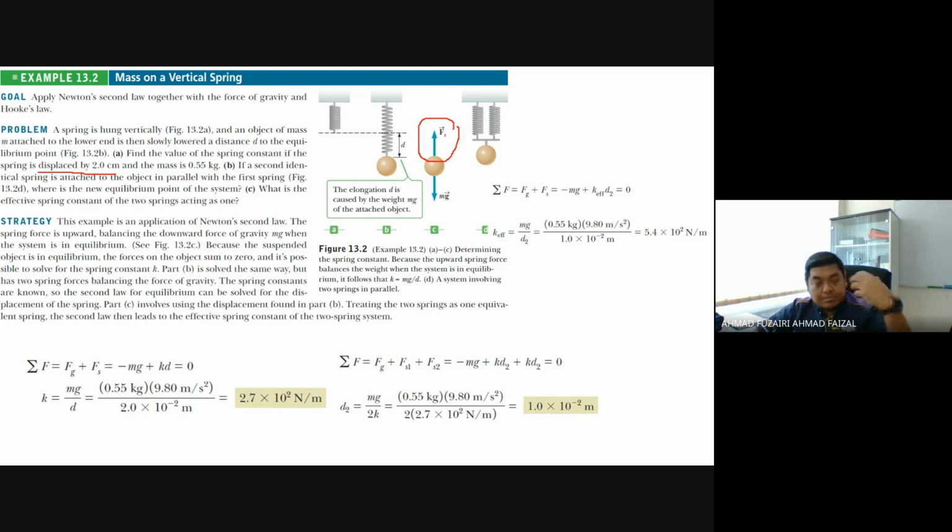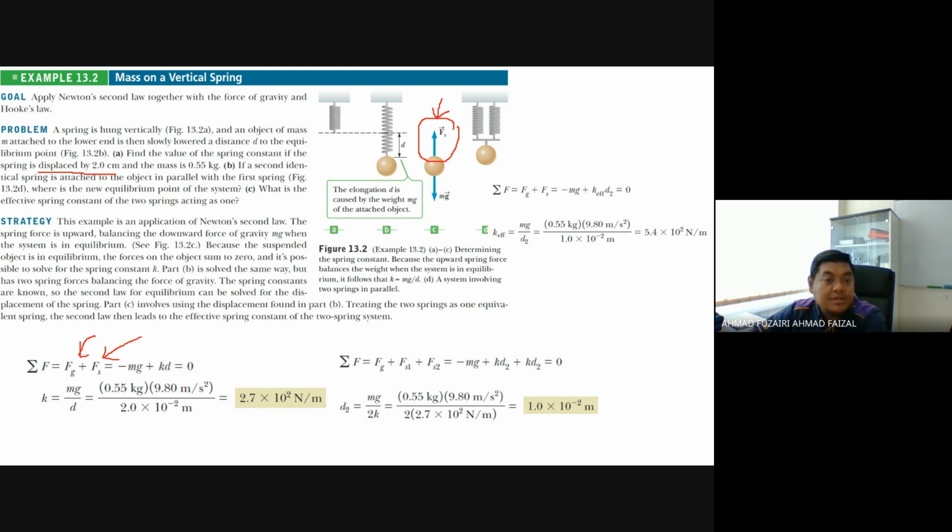So instead of only gravity, the mass is also attached to a spring, so it also contains some spring force. That's why when you look at the solution, it includes the gravitational force and also some spring force.